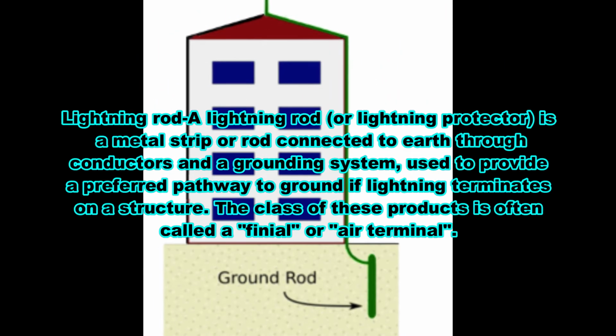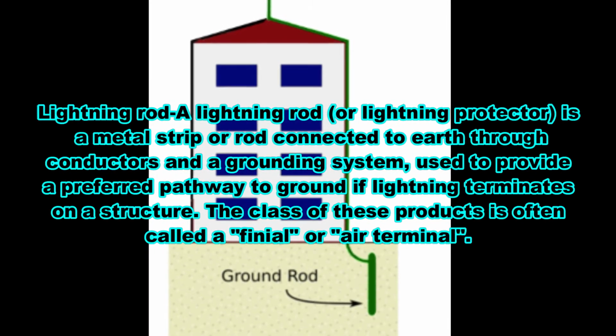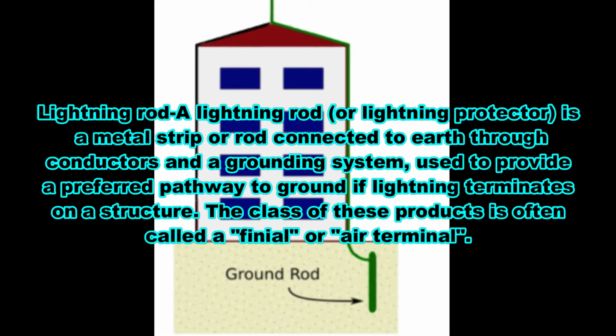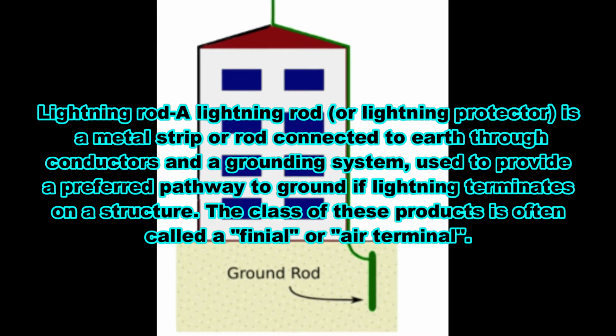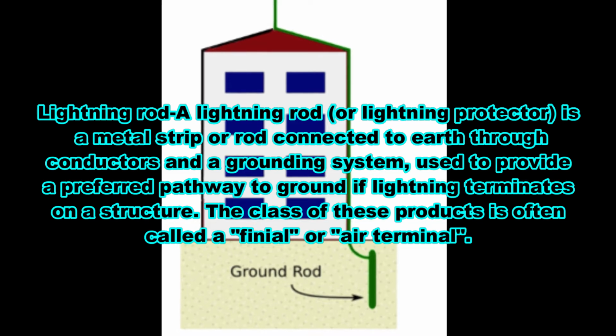Lightning rod. A lightning rod or lightning protector is a metal strip or rod connected to earth through conductors and a grounding system, used to provide a preferred pathway to ground if lightning terminates on a structure. The class of this product is often called a finial or air terminal.